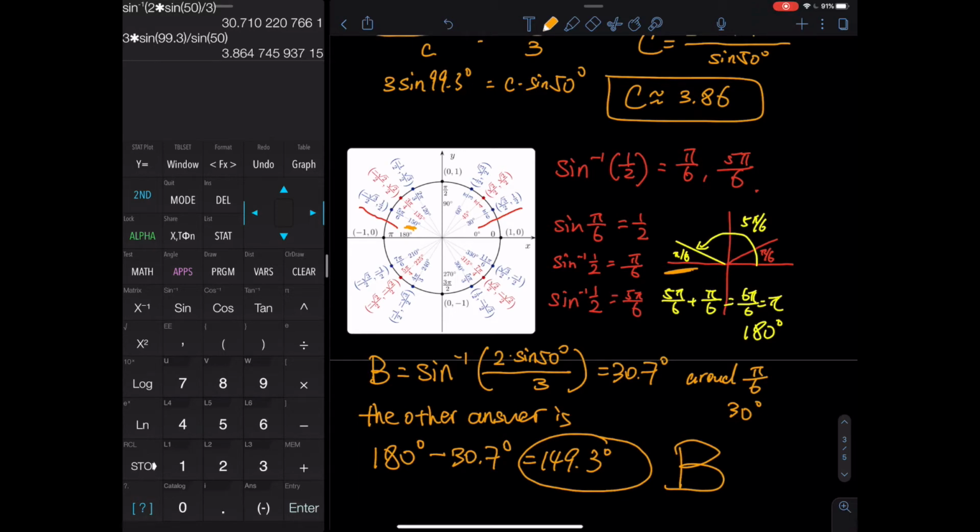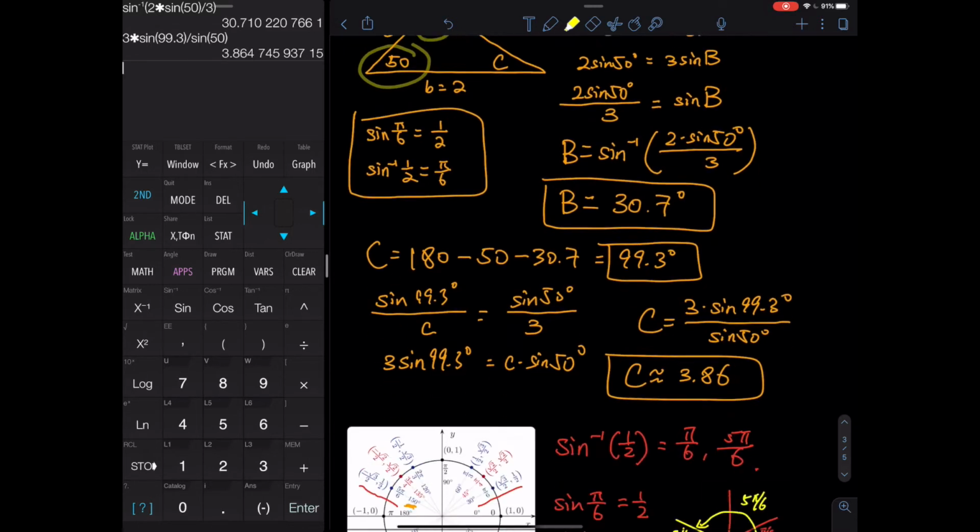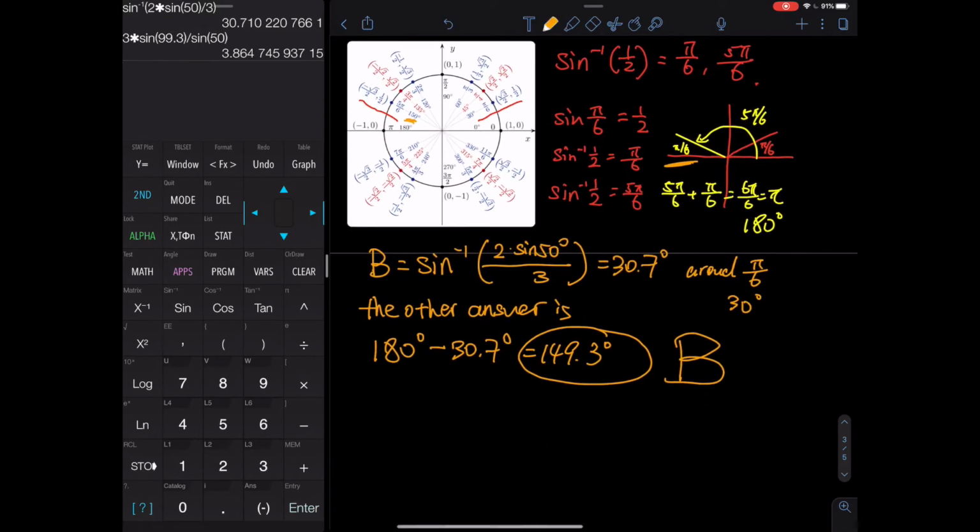Given that we have A equals 50 degrees, right here. So if B equals 149.3, is this possible? Let's find out. What is the sum of the three interior angles? 180, right? So we take the 50 degrees plus 149.3. I haven't counted C yet. So this one is already more than 180 degrees.